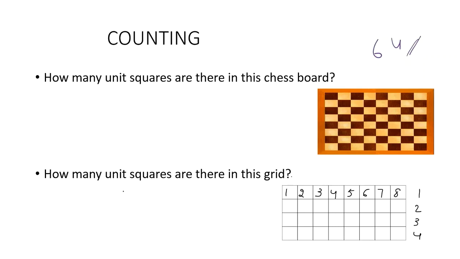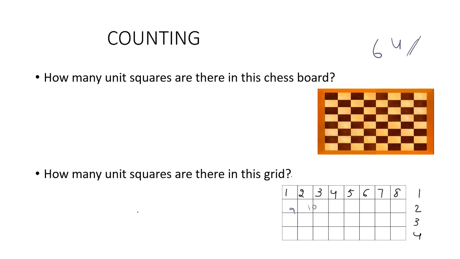And now look at this problem. How many unit squares are there in this grid? I cannot count the unit squares like this: 1, 2, 3, 4, 5, 6, 7, 8, and then 9, 10 and so on. What we do here is, there are 8 unit squares in this row and there are 4 such rows.